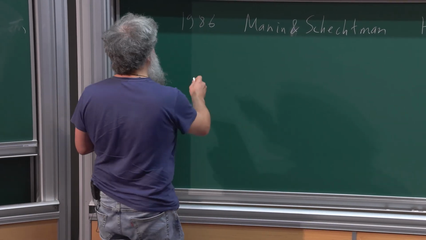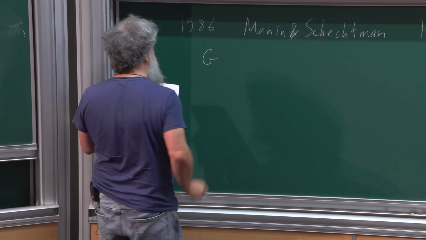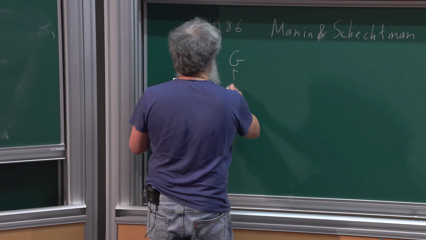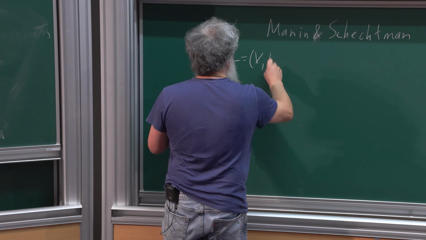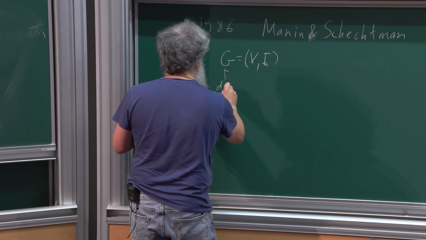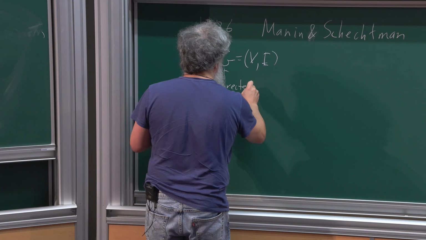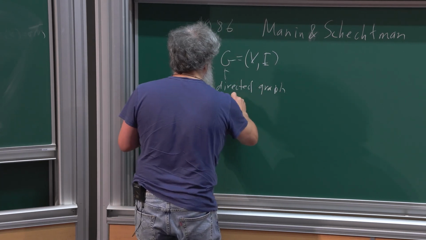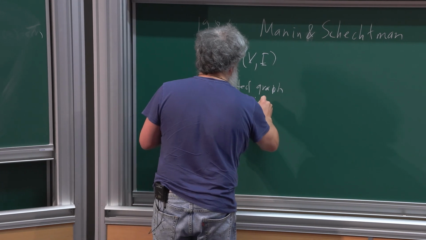So we take a directed graph G without oriented cycles.